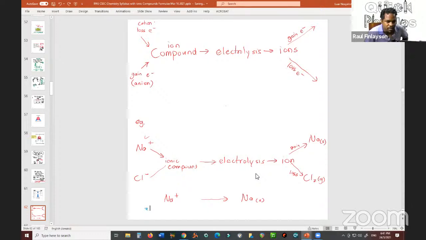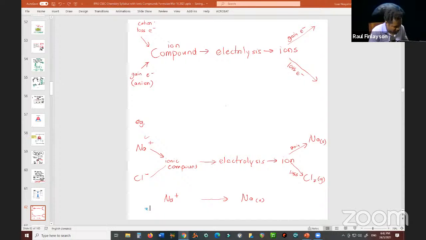Remember, guys, in the compound, because it gave up an electron, its properties changed. So sodium metal in real life would look like a metal. I wanted to give you a visual understanding.